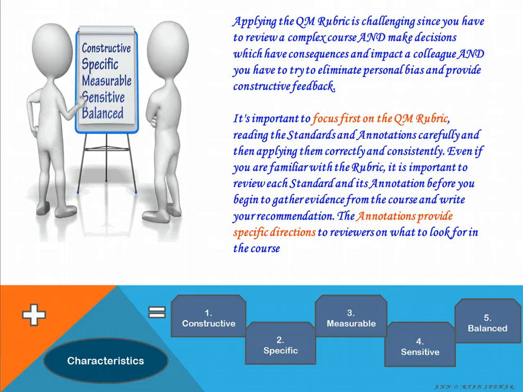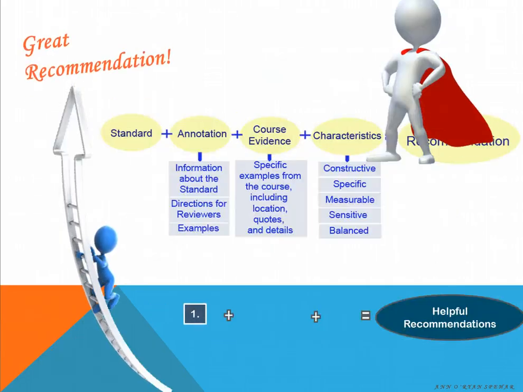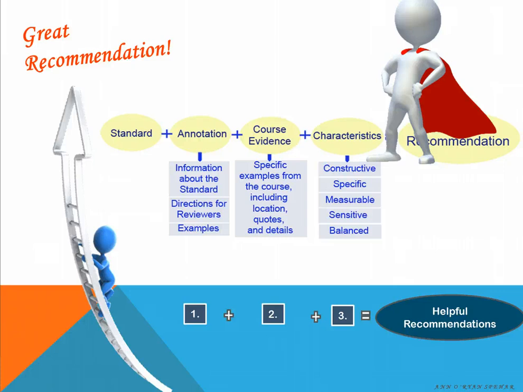And then provide helpful suggestions for perhaps just improving their course. And always be balanced. Be equally sensitive about both their strengths as well as their weaknesses. All of this, I promise you, is going to lead to a great, successful, and helpful recommendation.